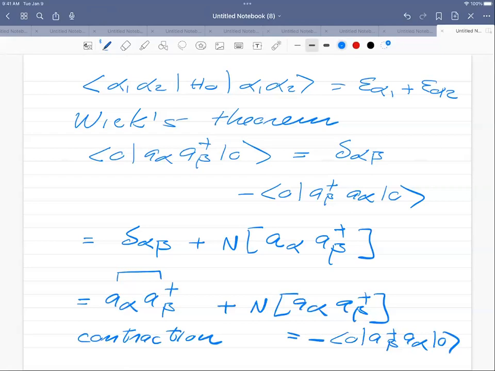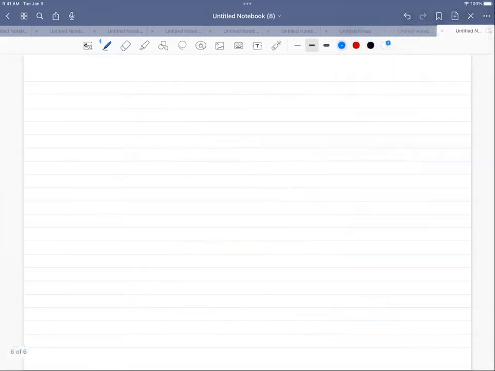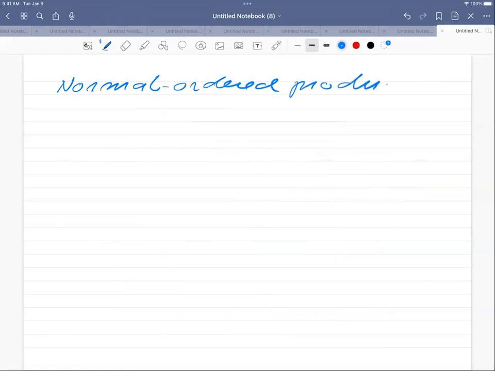So the general formulation of this normal order product is as follows. If I have a chain of operators, N of X, Y, Z up to W, these can contain products of many operators.